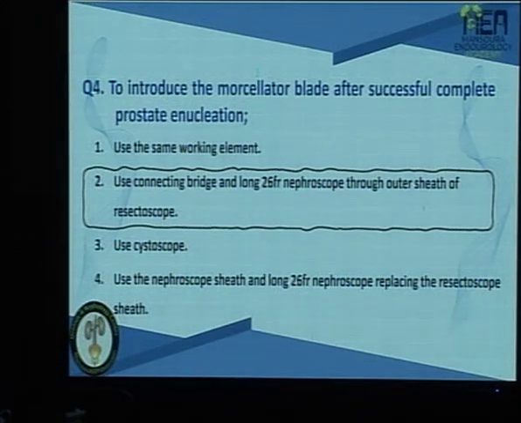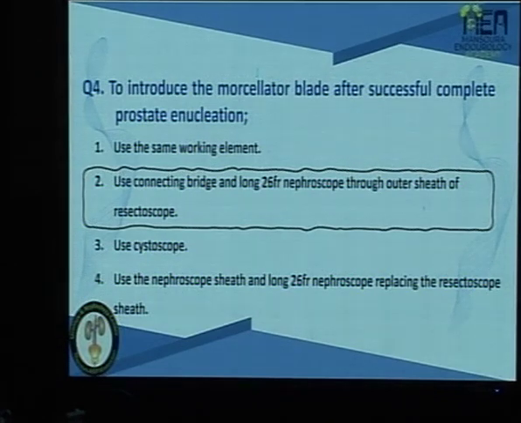This is the best answer, but unfortunately sometimes you don't have this connecting bridge, and then you have to go to the next best, which is take everything out and then go inside with the nephroscope with the outer sheath of the nephroscope. But we don't like to do that, because after prostate surgery you don't want to come out and then go in and come out and then go in.